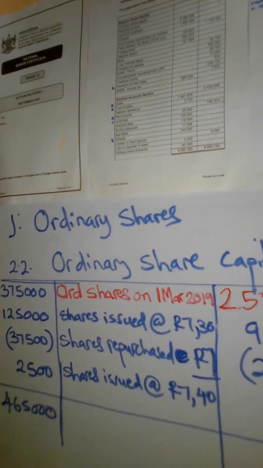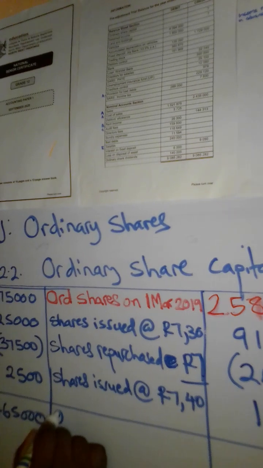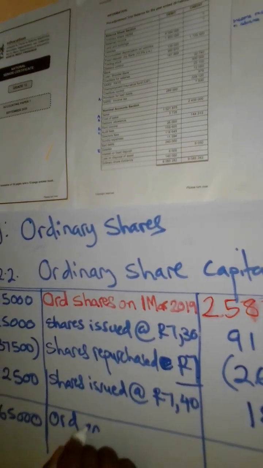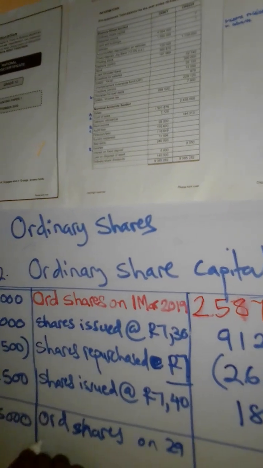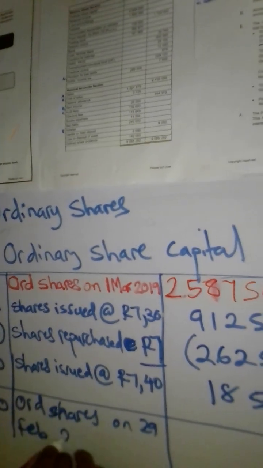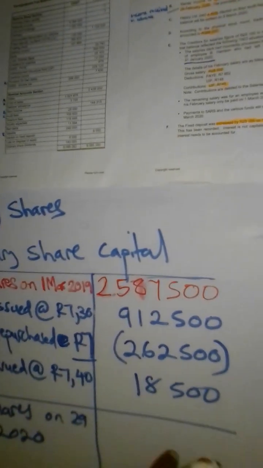So we can also indicate ordinary shares on 29 February 2020.